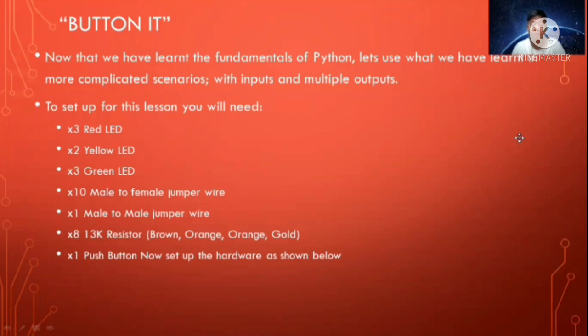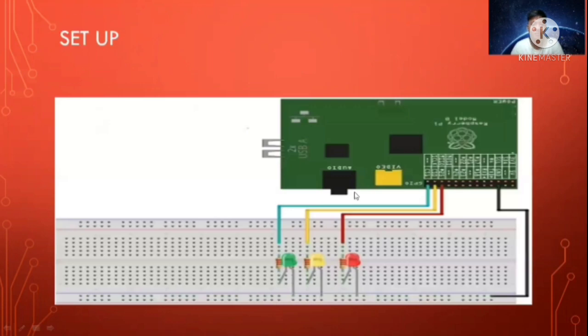Now set up the hardware as shown. So this is the diagram of our project. This is the Raspberry Pi, the breadboard, the 3 LEDs, the 13K resistor, then the jumper wires.